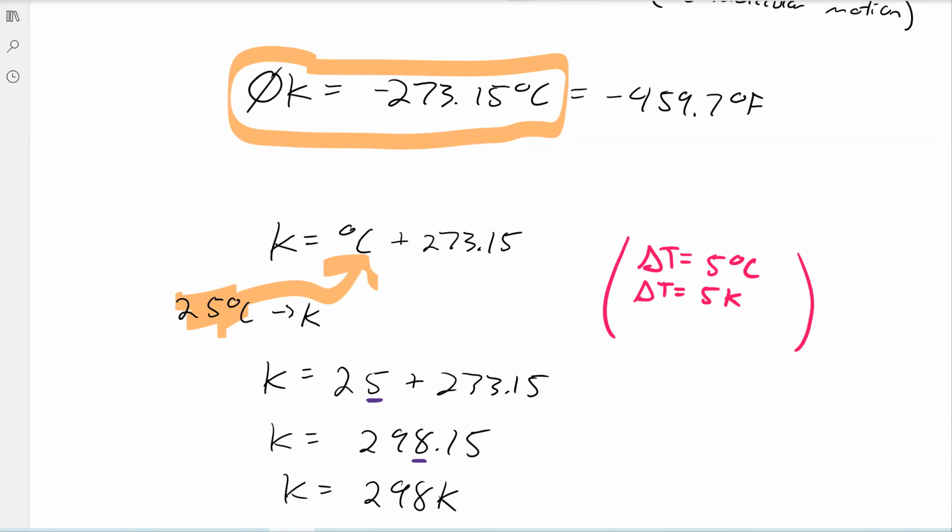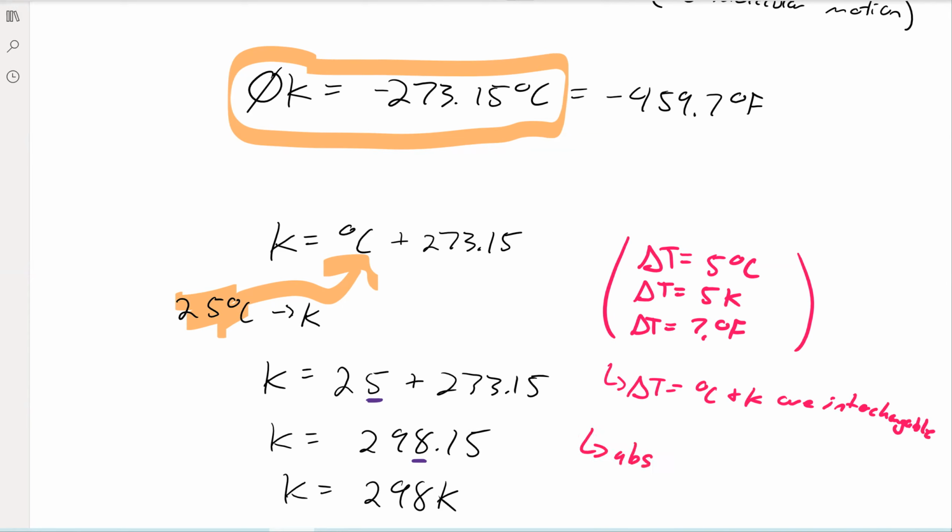So when you're talking about delta T, which is what we'll be doing in this upcoming section, it doesn't matter whether you use Celsius or Kelvin. It does matter if you use Fahrenheit. Fahrenheit is something different, but we're not going to use Fahrenheit because it's a science class. So when we're talking about delta T, degrees Celsius and Kelvin are interchangeable. It doesn't matter which one you use because they end up being the same thing.